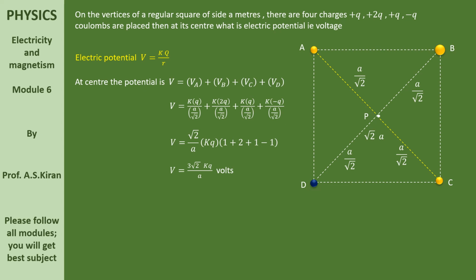Of course, that is also scalar. But there we apply pairwise summation with respect to all possible pairs. Here it is not pairwise. For every charge, it is enough to take potentials, and you can sum up all those potentials, you'll get the net potential. Hope you understood well. All the best for your preparation.